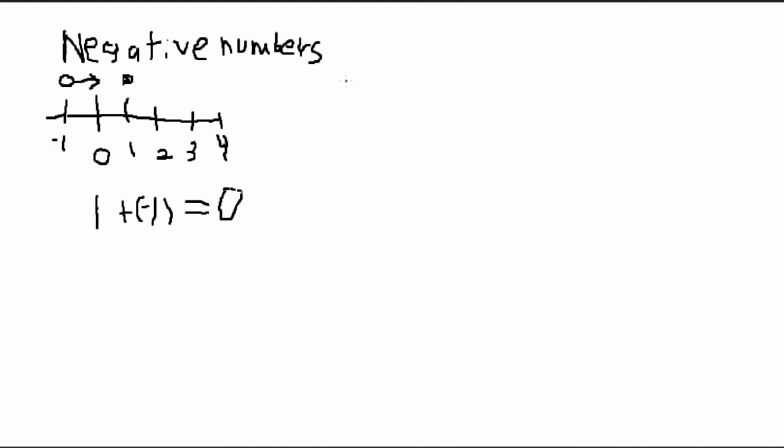Now, we actually have to rework our definition of addition, because we originally said that addition was counting. But how do you count -1 times? What does that even mean? So we say that if the number is negative, then we will count down instead of counting up, and we'll count the amount of times as the absolute value of a number, drawn by these little bars around the number.